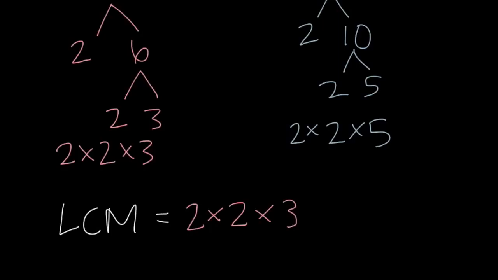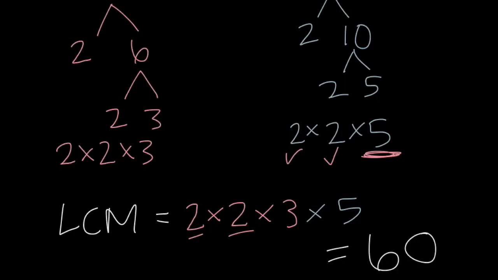Then we'll jump up and compare that to what we have for 20. So we have a 2, which is taken care of, another 2, which is taken care of, and then we still need that 5. So we'll add the 5 onto the end. So in total, we have 2 times 2 times 3 times 5, and altogether that gives us a least common multiple of 60.